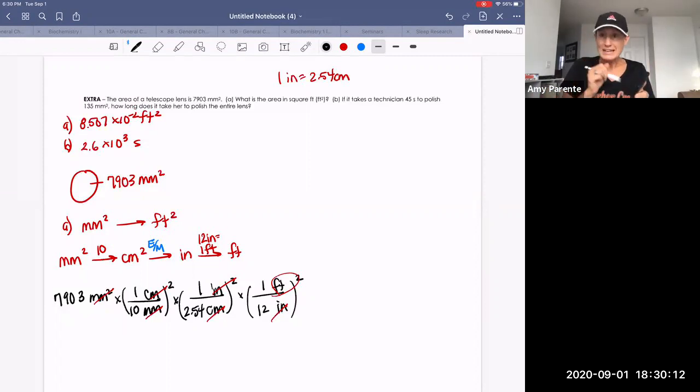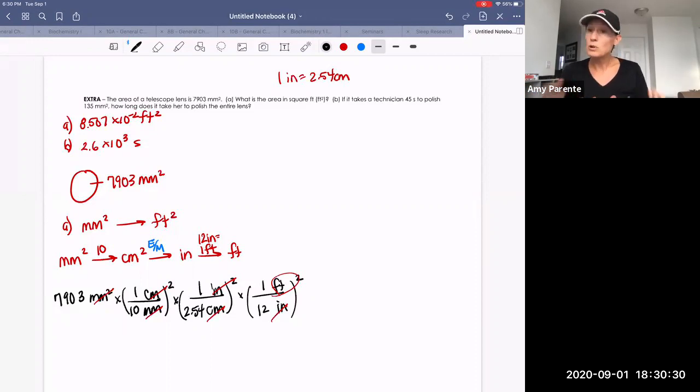Because if I just type things in my calculator, and in my mind I'm seeing 7903 divided by 10 times 10 times 2.54 times 2.54, if I don't use parentheses, my calculator is going to put some of that stuff in the numerator, which will give you the wrong answer.